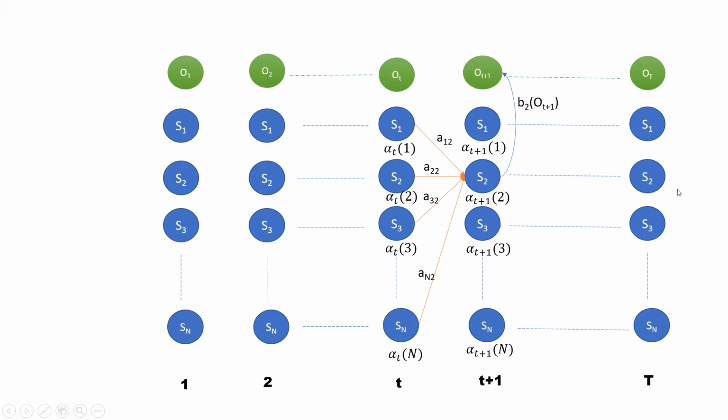So we compute the values alpha capital T of 1, alpha capital T of 2, alpha capital T of 3, etc. up to alpha capital T of N. So for each one, we will have an alpha value. So we sum all these alpha values to obtain the probability of the sequence.